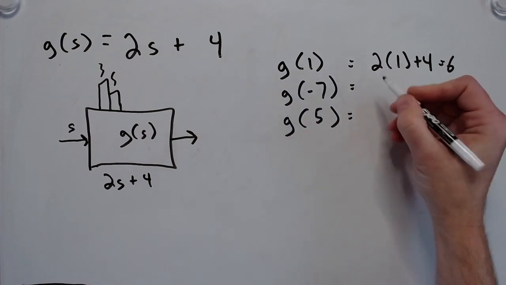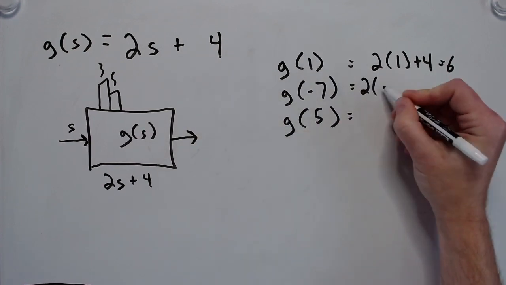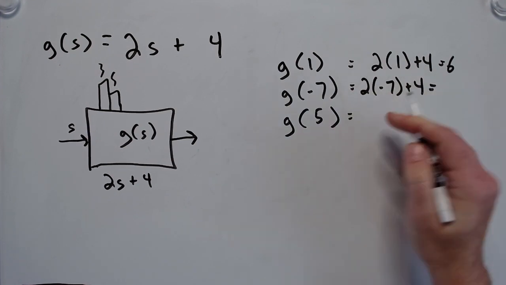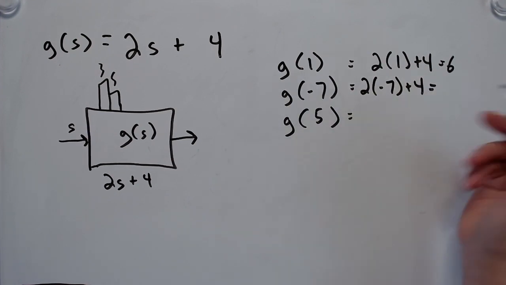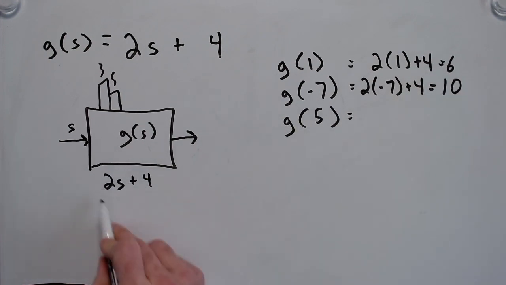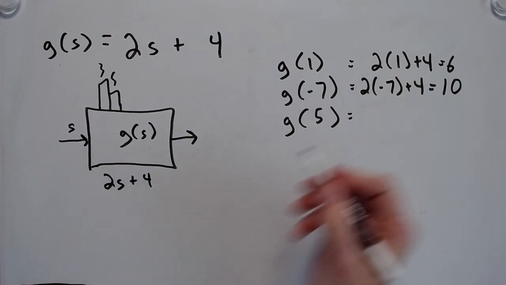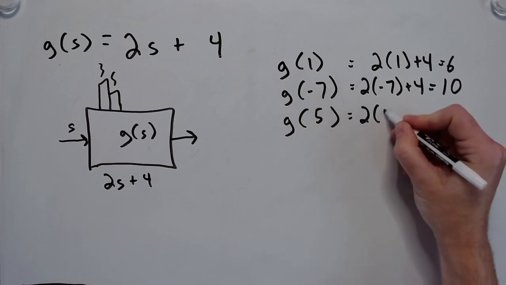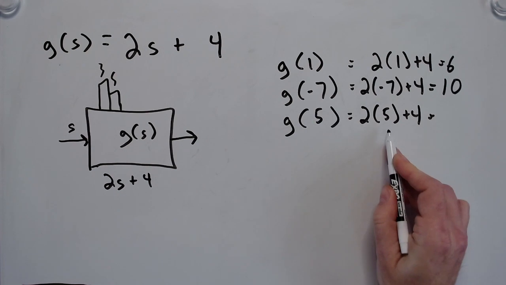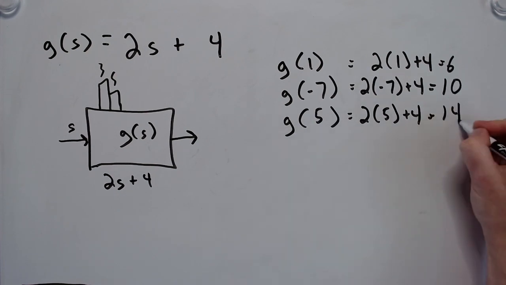G of -7 is, again, 2 times -7 plus 4. So -14 plus 4, this would be -10. And g of 5, again, we're just rewriting this with 5 instead of the s. So 2 times 5 plus 4. 2 times 5 is 10, plus 4 is 14.